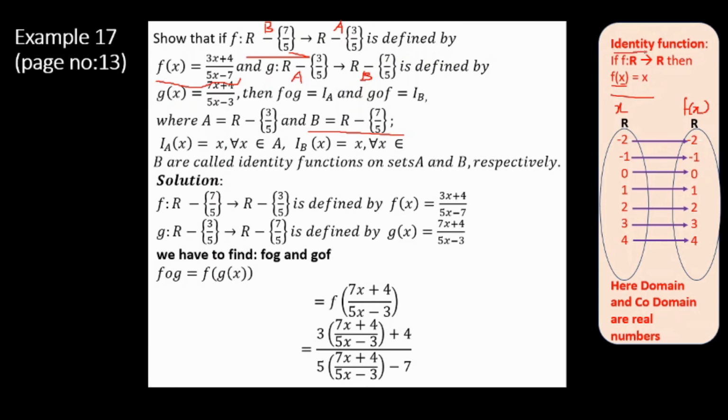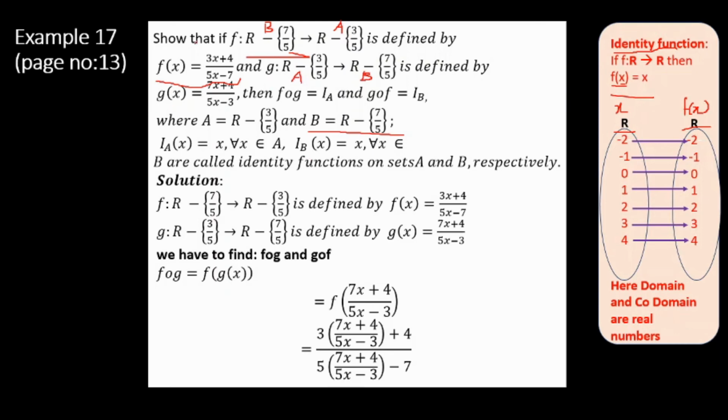Identity function. Okay, so here actually your domain and codomain are both real numbers. This is your domain and this is your codomain.